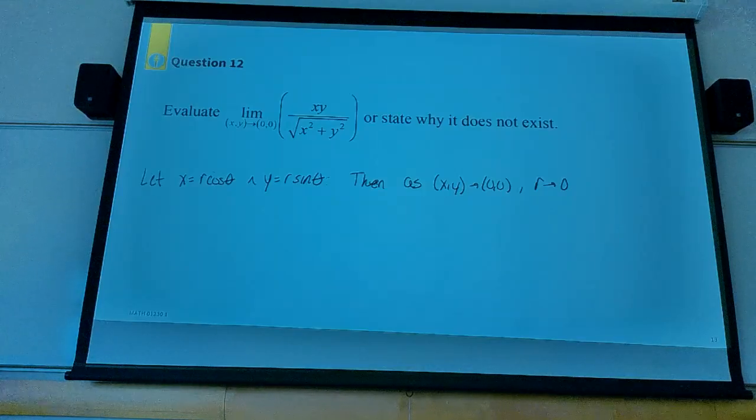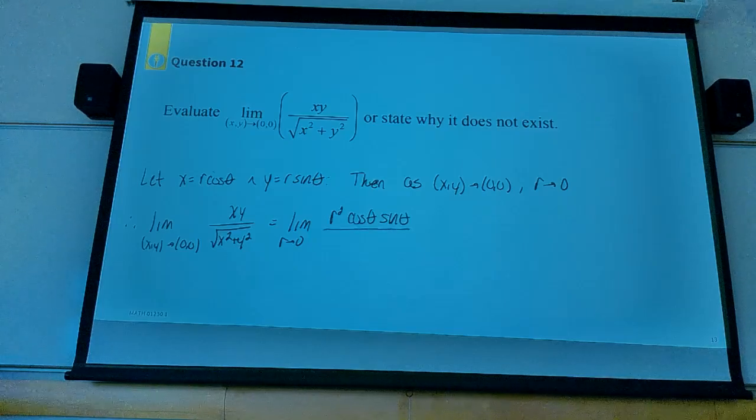All right, we're approaching the origin, which means r is approaching 0. Now the limit becomes the limit as r approaches 0. What does the numerator become? r squared cosine sine.